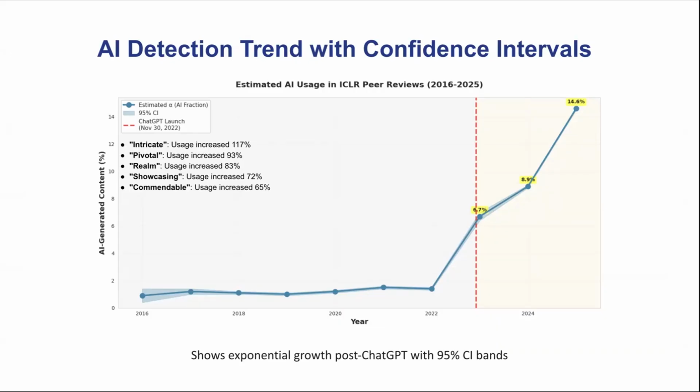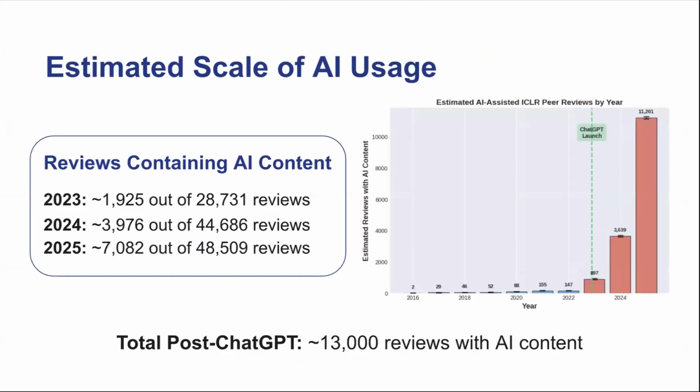On the left side, I also added some linguistic markers, words that increased post-GPT. These are words like intricate, which increased by 117%, pivotal by 93%, and so on. I think it's pretty obvious that there is exponential growth in AI-generated content post-GPT.